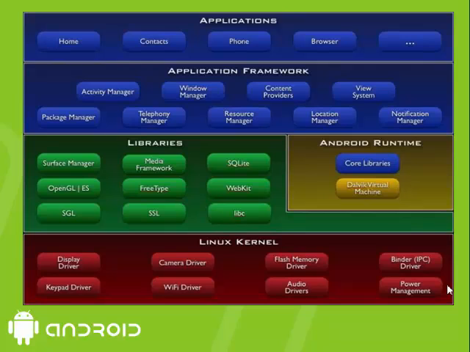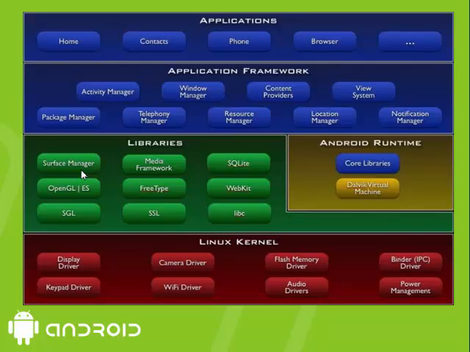Some of the important native libraries are Surface Manager, you can find here, Media Framework, SQLite, WebKit, OpenGL, etc. When you start coding, you will understand the importance of these libraries.